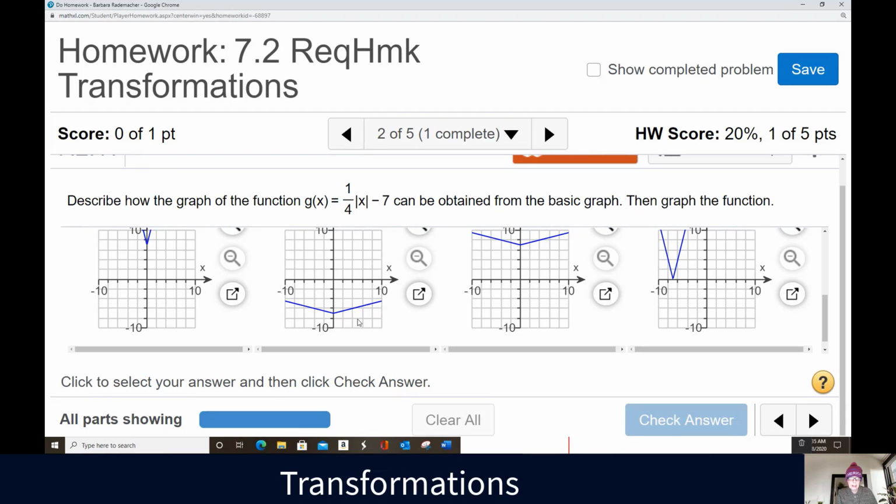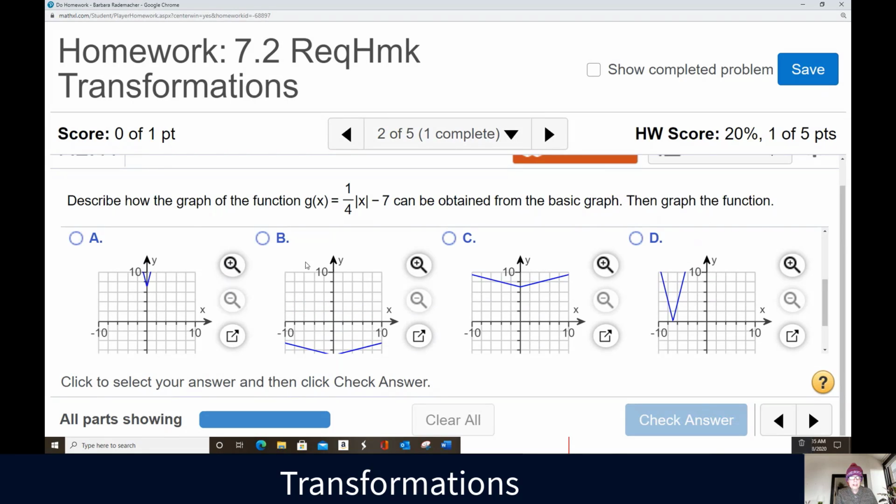So it could be this or this. And then you're shifting it down 7 units. This is the only one that goes down. So I would vote for B.